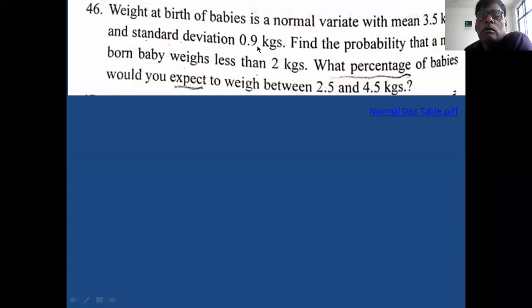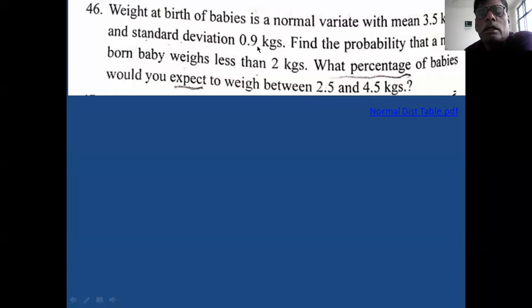Standard deviation means it deviates by 0.9 kg. So in this problem, newly born babies normally vary: mean is 3.5 and standard deviation is 0.9.